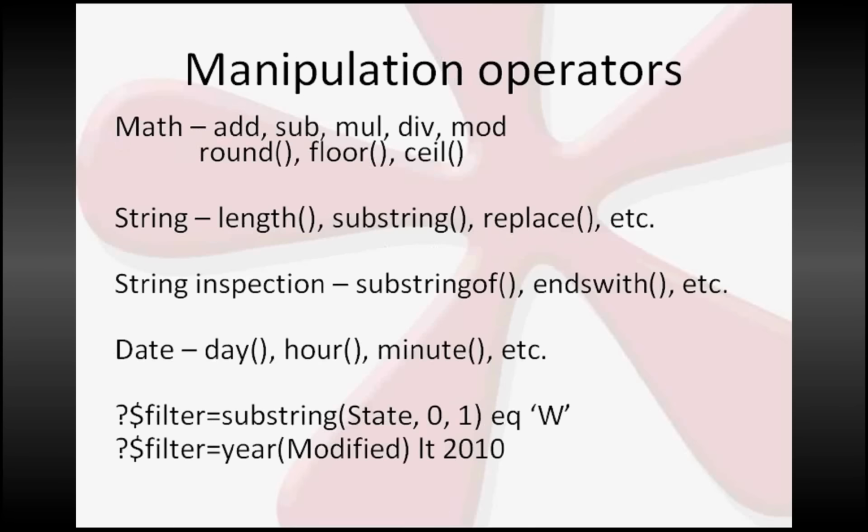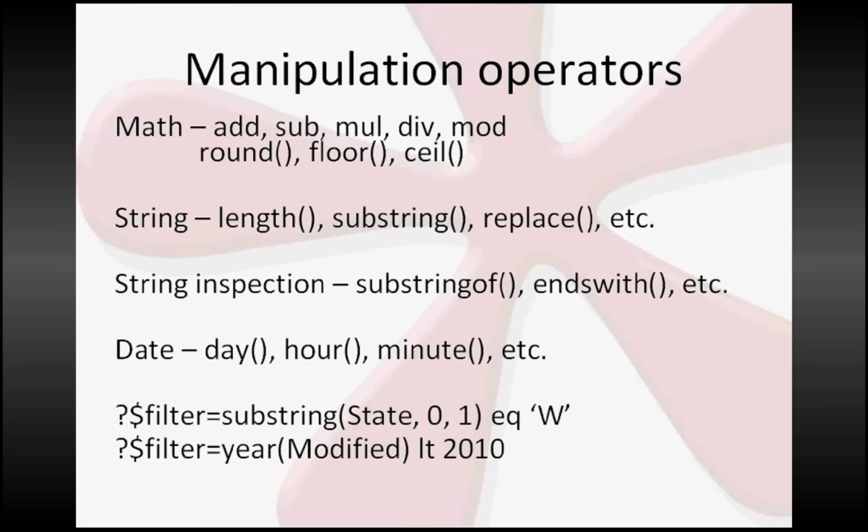On top of that, you can use all kinds of other operators to manipulate the values right on the spot. So OData provides a rich set of math functions. Again, all of them use letters: add, subtract, multiply, divide, and modulo, or remainder.